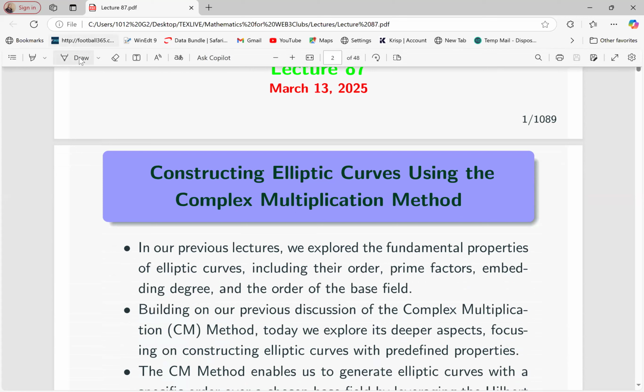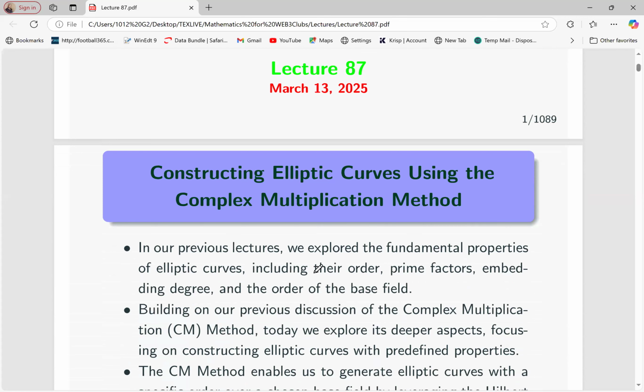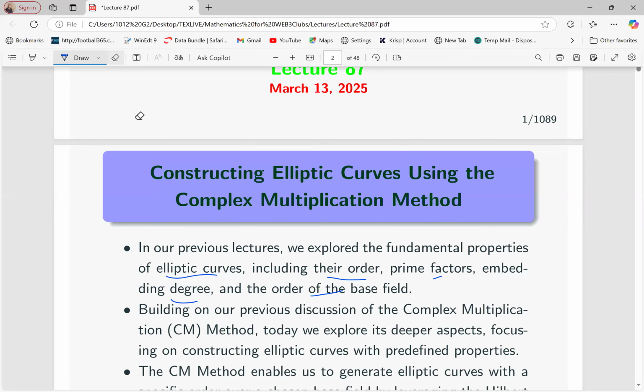So far, we know several properties of elliptic curves, including their orders, prime factors, and embedding degree, and even the base field, the field in which the elliptic curve is.